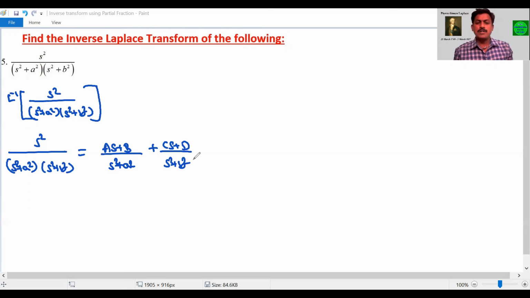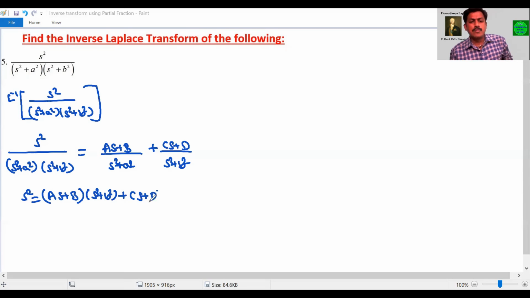To write the partial fractions, I have given the link in the description, just go through it. Now take the LCM: the missing term for the first, s square into (as plus b), if you compare the denominator, is (s square plus b square). For the second term, the missing term is (s square plus a square).